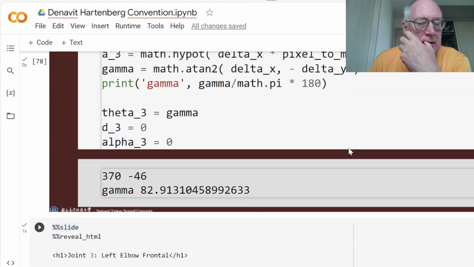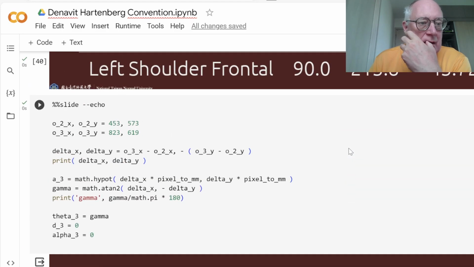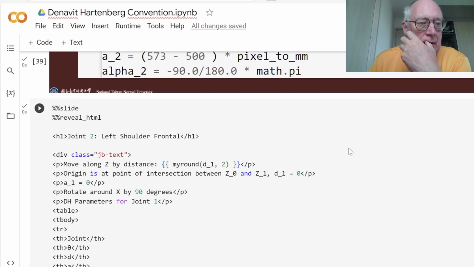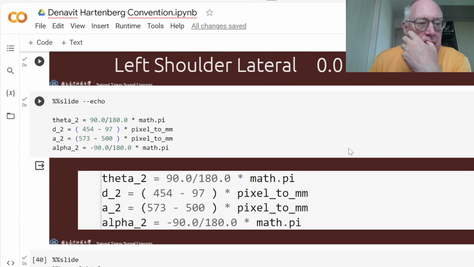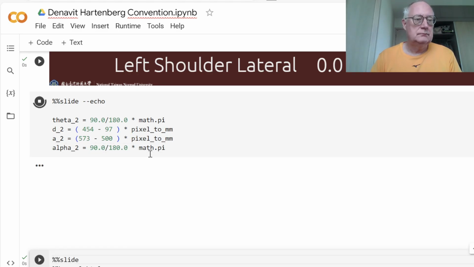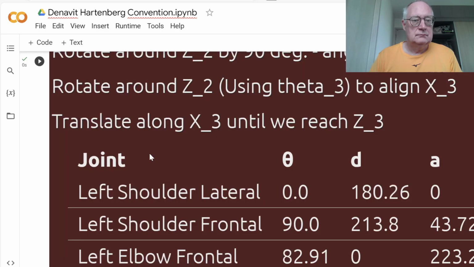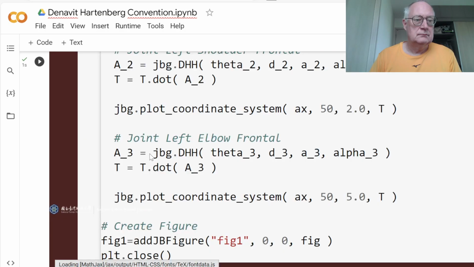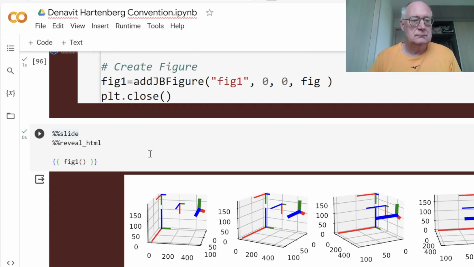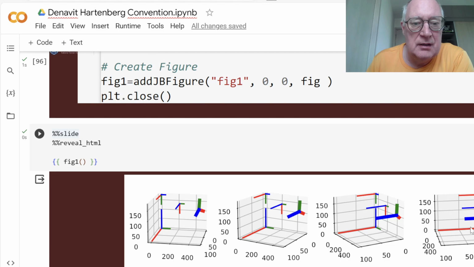So that means we need to fix A2. And now it's shifting out the way that I wanted to, and X is aligned here, as you can see. So now we've done inertial frame, joint 1, joint 2, joint 3.